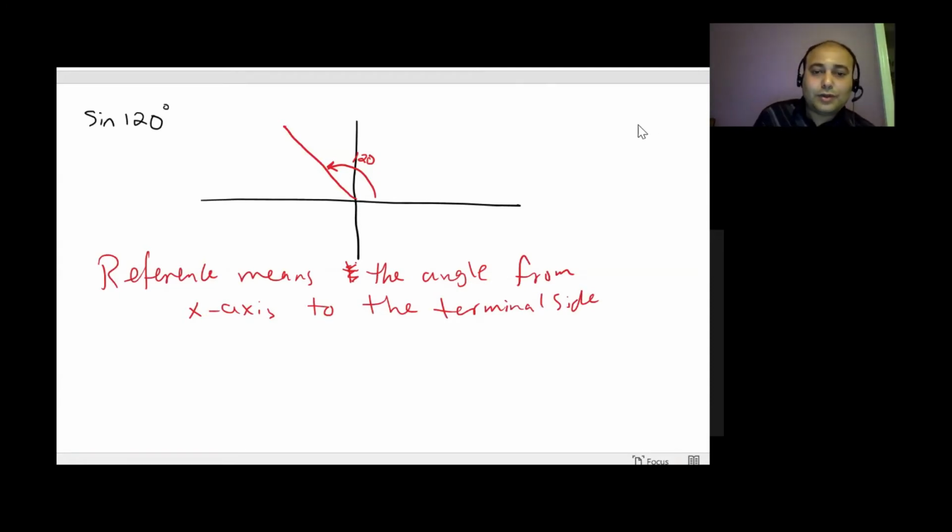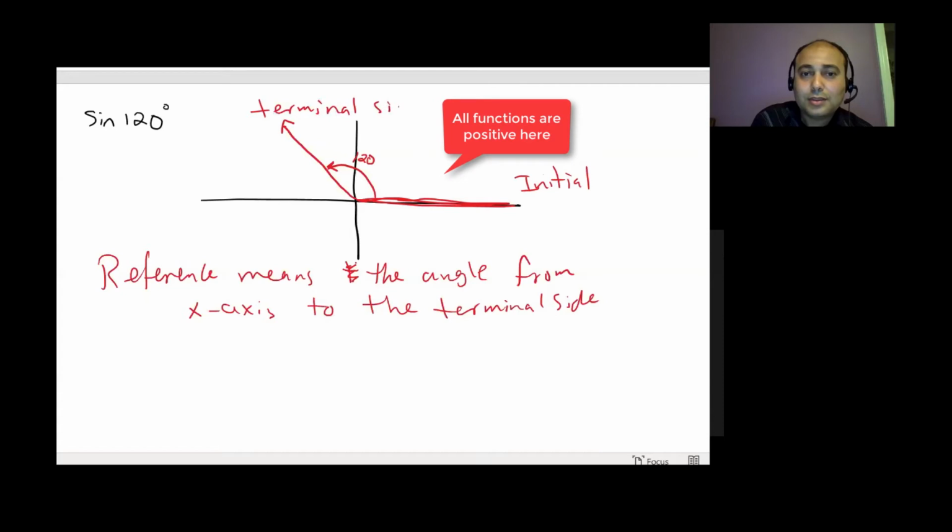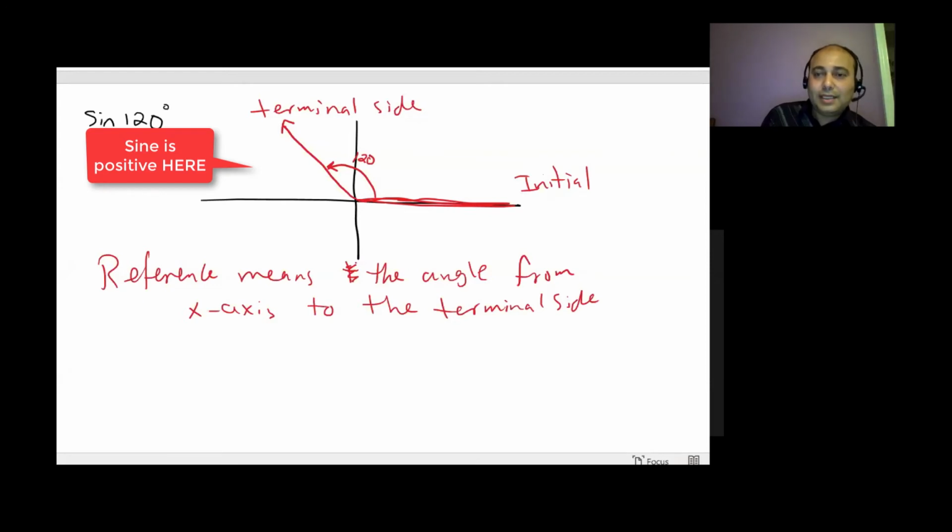Any angle you graph, this side right here is your initial side, and this side right here is your terminal side, or where the angle ends.